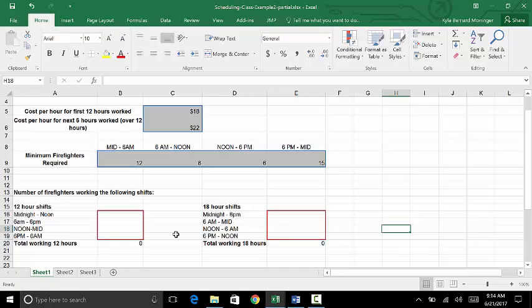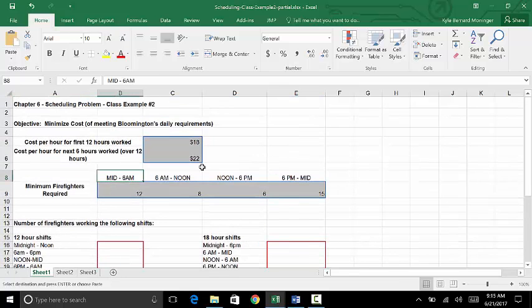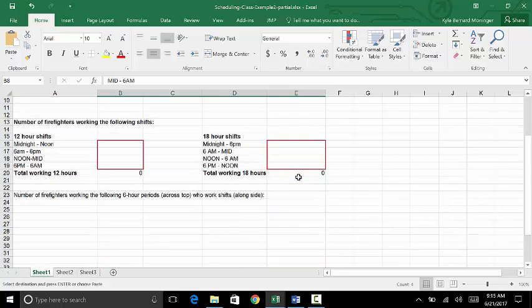So we decide who works these shifts, and we want to make sure they cover these constraints or these time periods. To understand the overlap between the shifts and the periods, we make a time grid. This time grid will show the number of firefighters working the following 6-hour periods, so I'll do that across the top, and who works the shifts along the side.